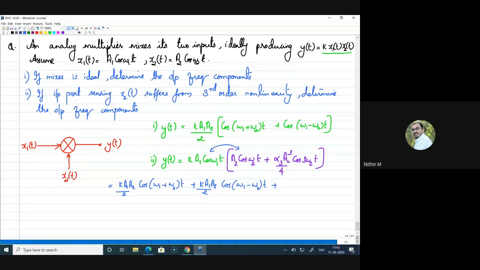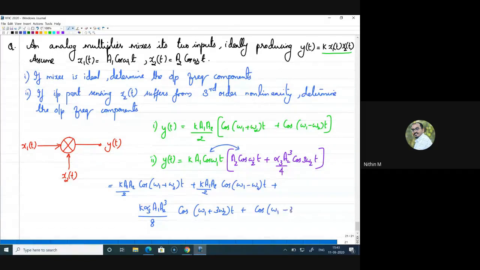Now from the product of k a1 cos omega 1 t with the nonlinear term, you will have two more components: k alpha 3 a1 a2 cube by 8 into cos (omega 1 plus 3 omega 2) t plus cos (omega 1 minus 3 omega 2) t. So there are a total of 4 components at the output.